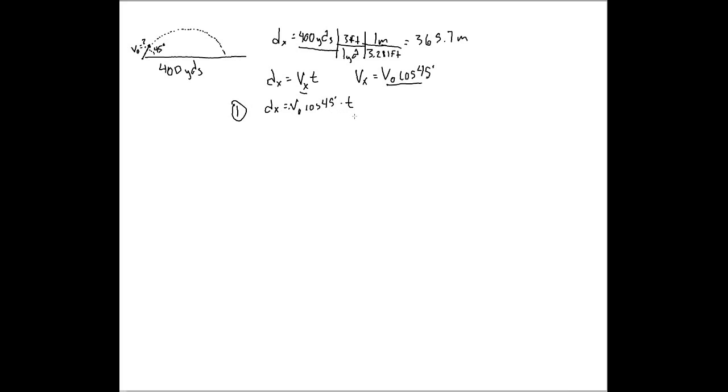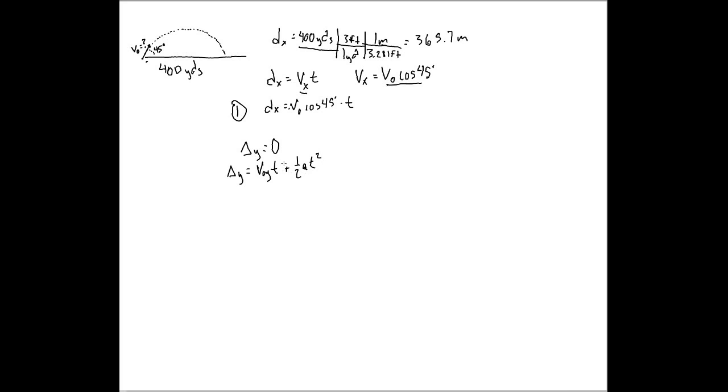So, let's think about what else we know. We start on the ground and we end on the ground. That means that delta y, very important, delta y is 0. The equation involving delta y is delta y equals V naught y t, plus 1/2 a t squared.